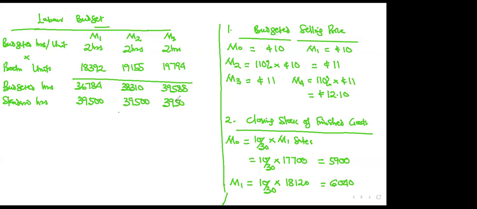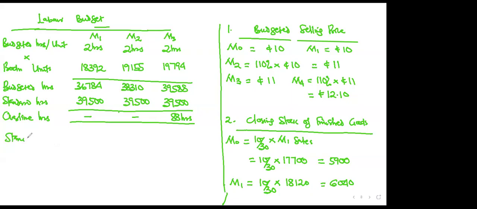Check if there is any overtime. First one, no overtime. Second, no overtime. Third, overtime of 88 hours. So let's calculate the labor cost. We'll first take the standard hours.